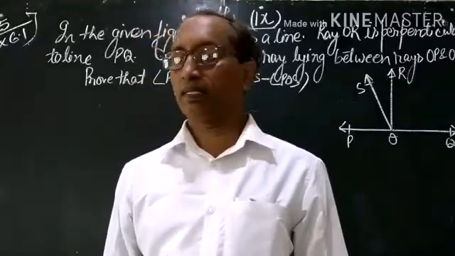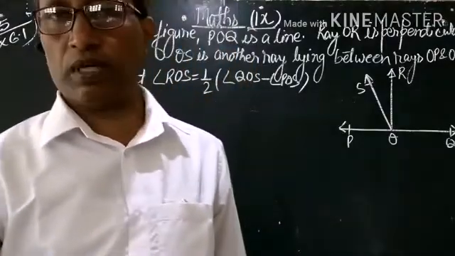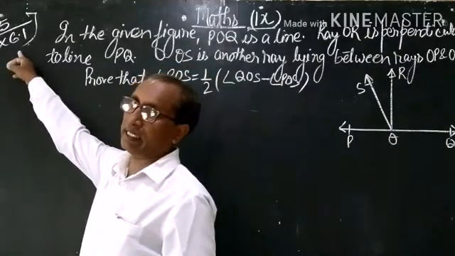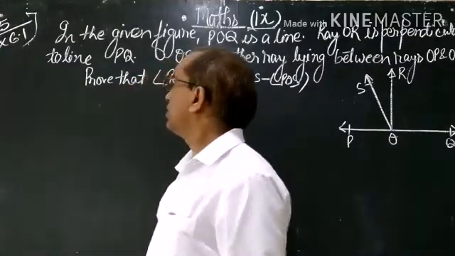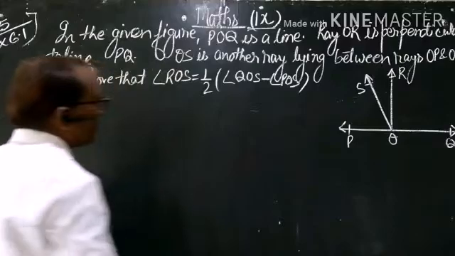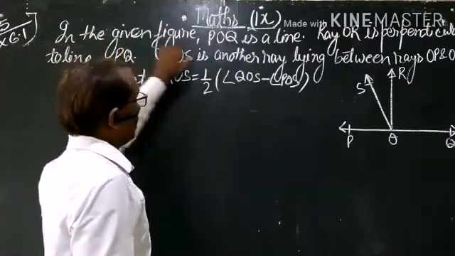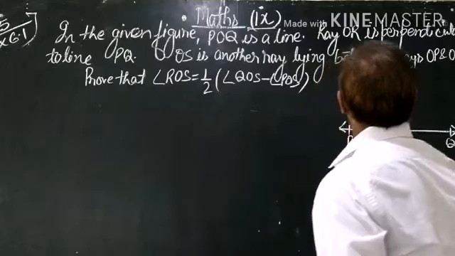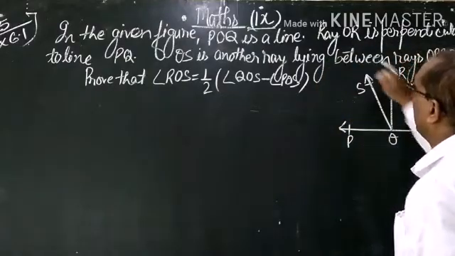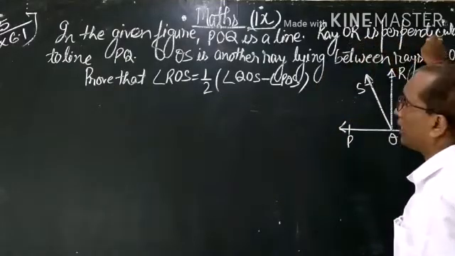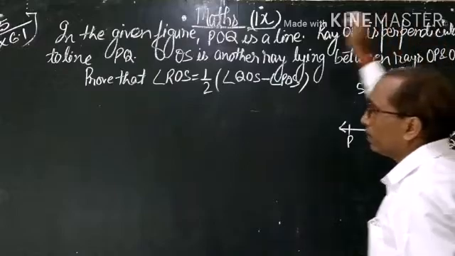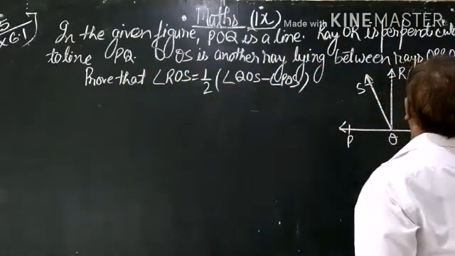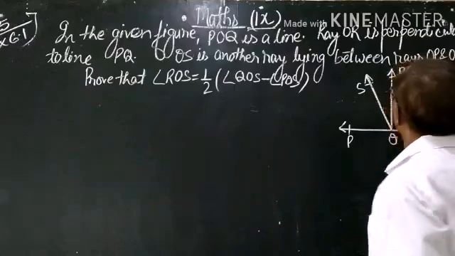Good morning, students. I am going to solve question number 5, exercise 6.1. Question is, in the given figure, POQ is a line, ray OR is perpendicular to line PQ.